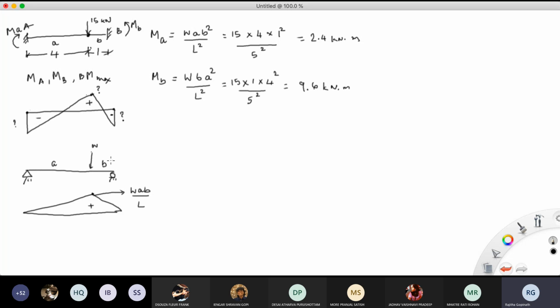Now if that is the value, this number is going to be, let me just write here only, 15 into 4 into 1 divided by कितना है, 5 ना. 5. So 3 5s are 15, 3 4s are 12. Okay, so this is 12 kilonewton meter. Okay, अभी इतना समझ में आया सबको? Any question so far?